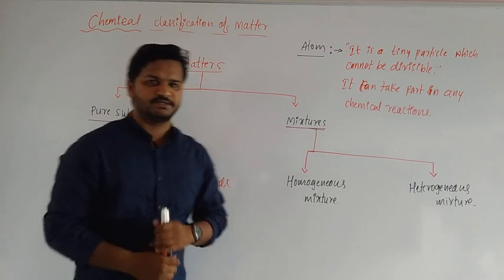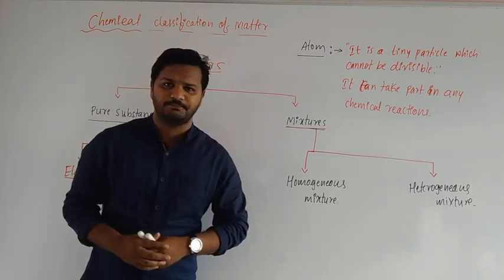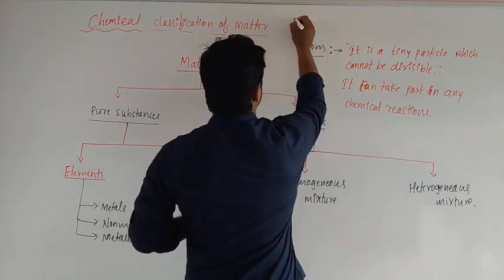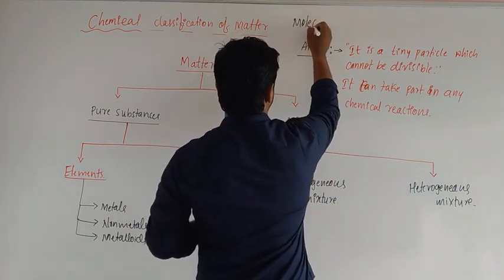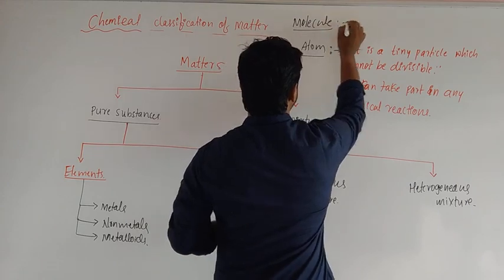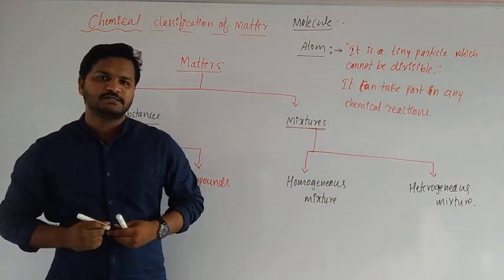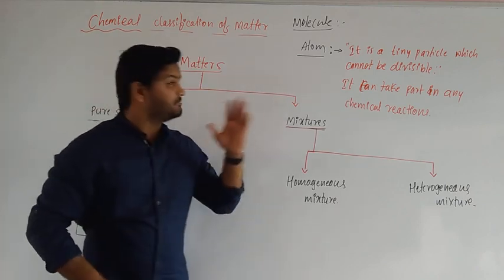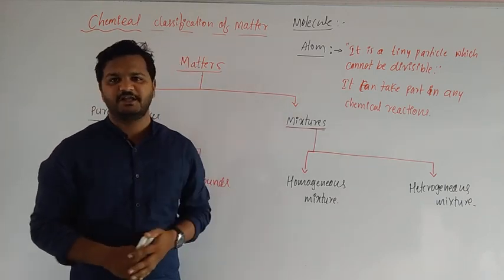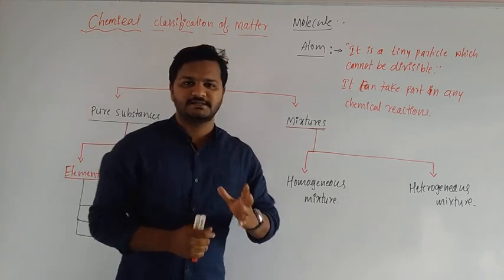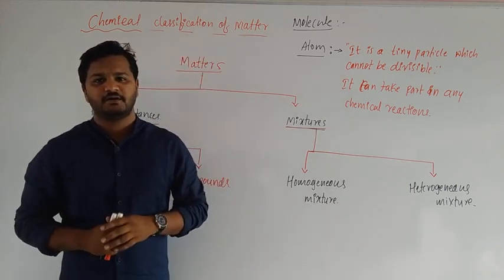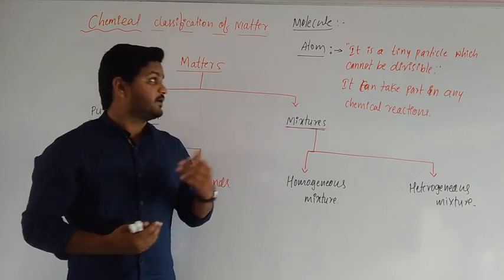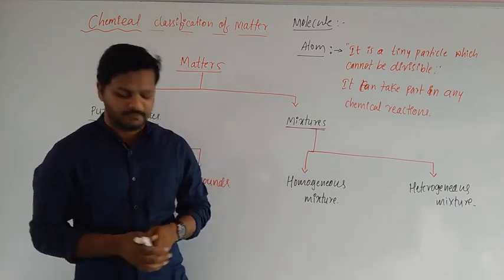And now students, what are molecules? After atom, next molecules. What is meant by molecules? This is also a basic term. Molecules, it is also a smallest particle which can take part in a chemical reaction, and it is formed by the combination of same elements or different elements.